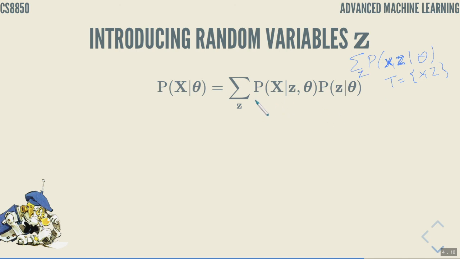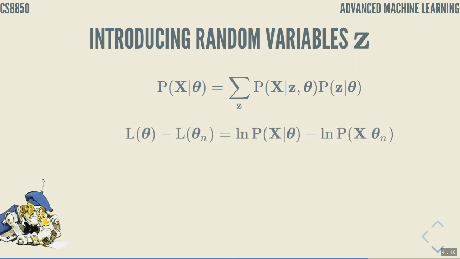And that's what we do. This is nothing but the chain rule of probabilities, factoring our joint into the product of a conditional and a prior. And we're integrating out the Z. But back to our definition.